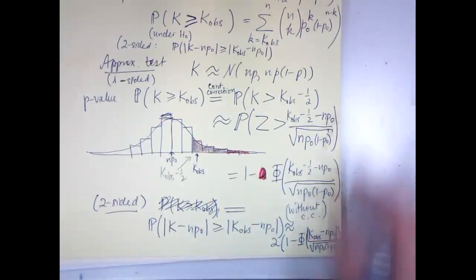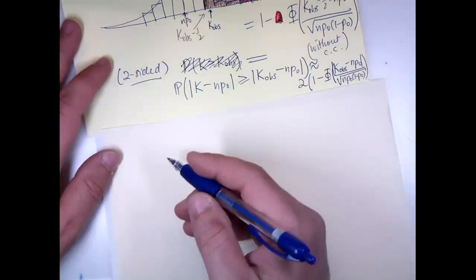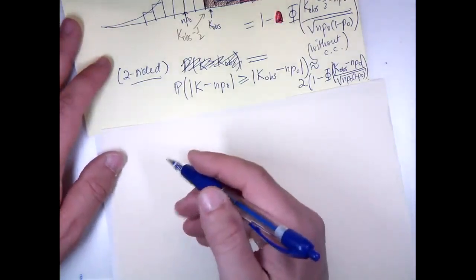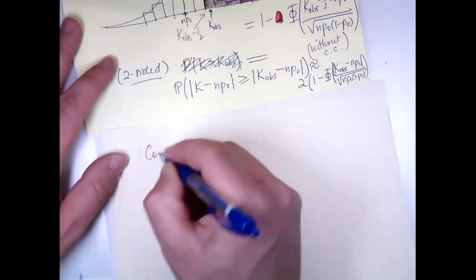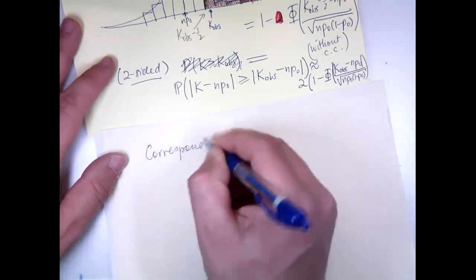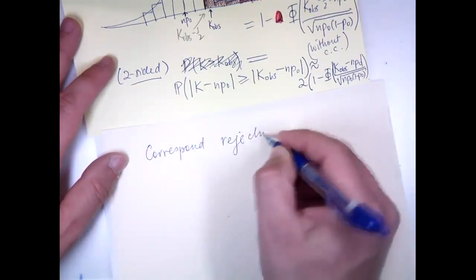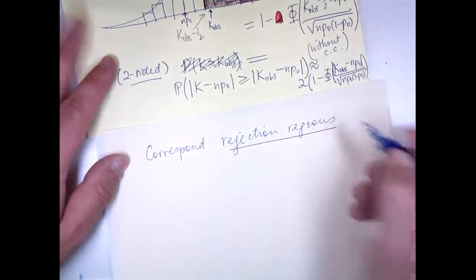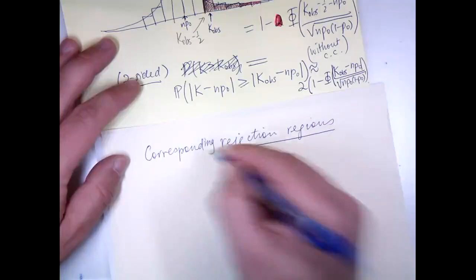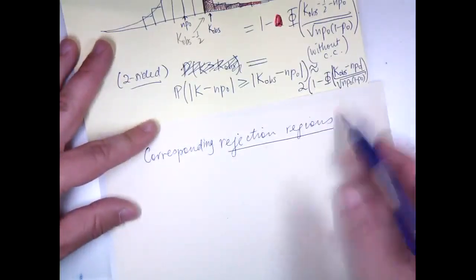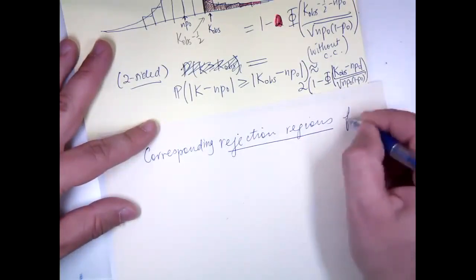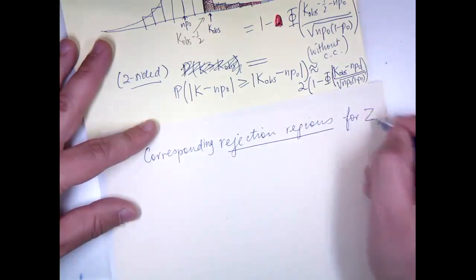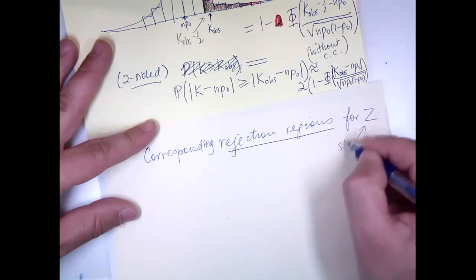And as always, if the p-value is less than alpha you reject, and if it's greater than alpha you do not reject. The corresponding rejection regions are, for a particular observation, I'll say it's for Z because this is the standardized observation.